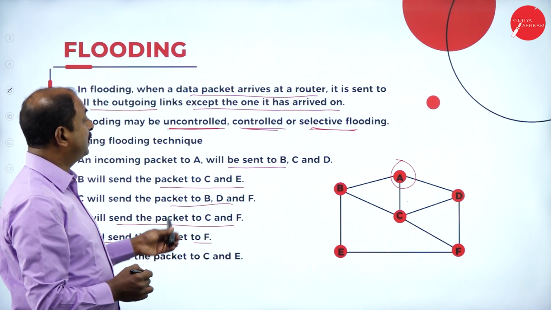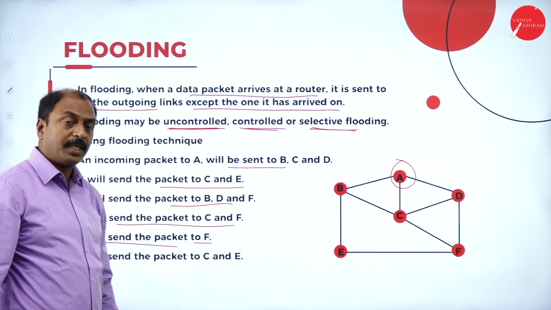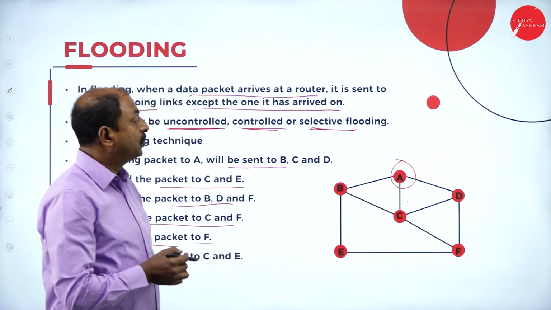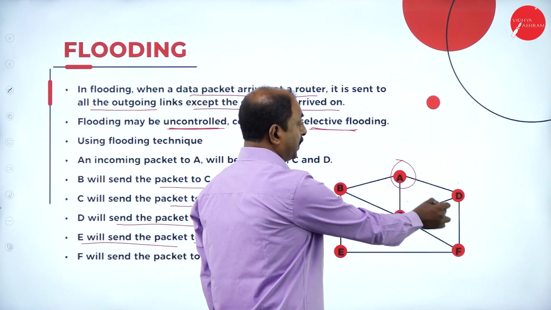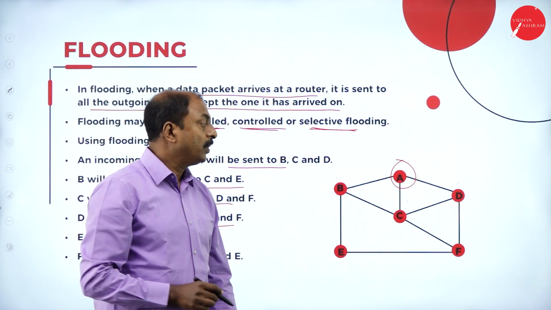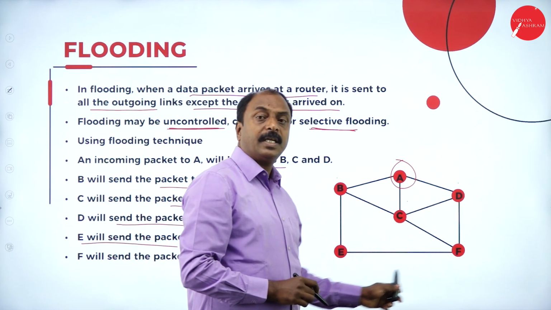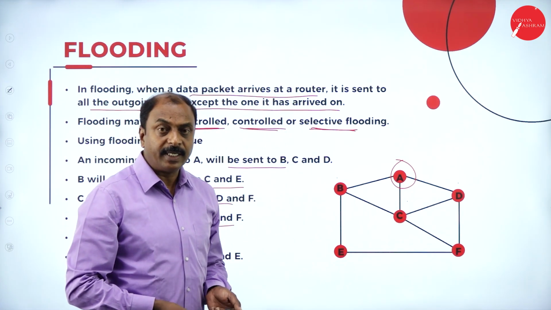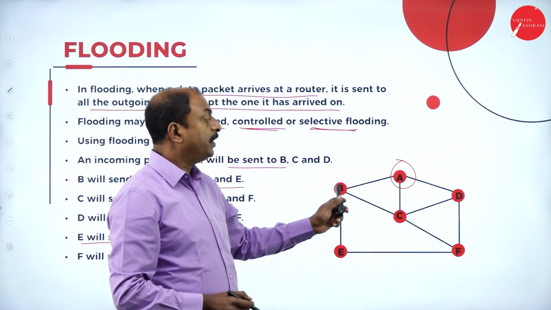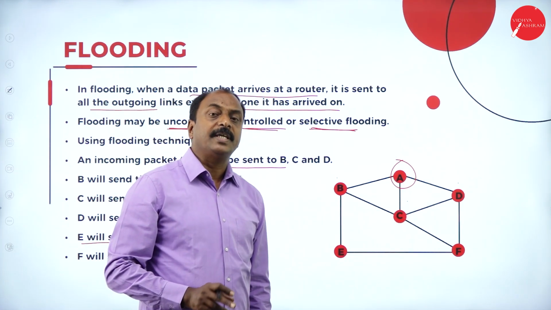So if you observe, this is the concept of flooding. What is the drawback of flooding? All the routers and devices transmit the packets to each and every device in the network, so each device receives multiple copies of the same packets.